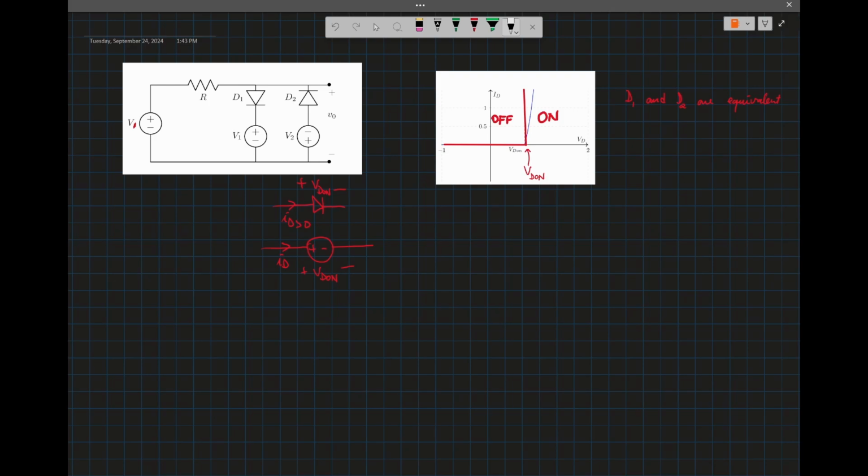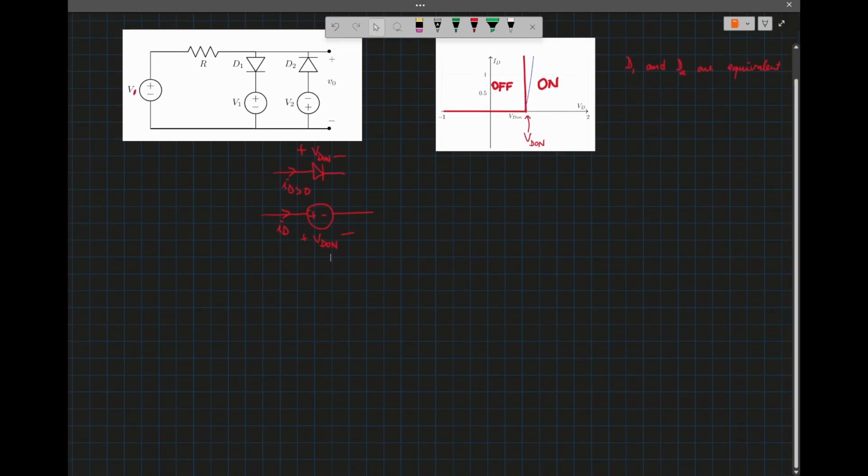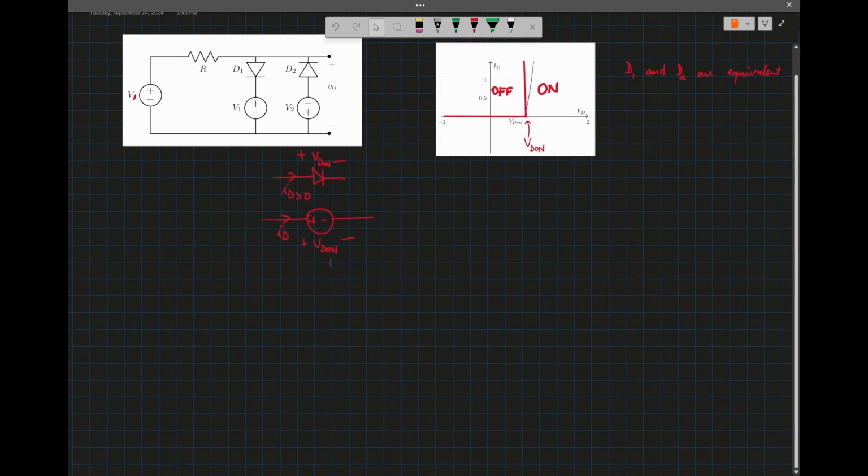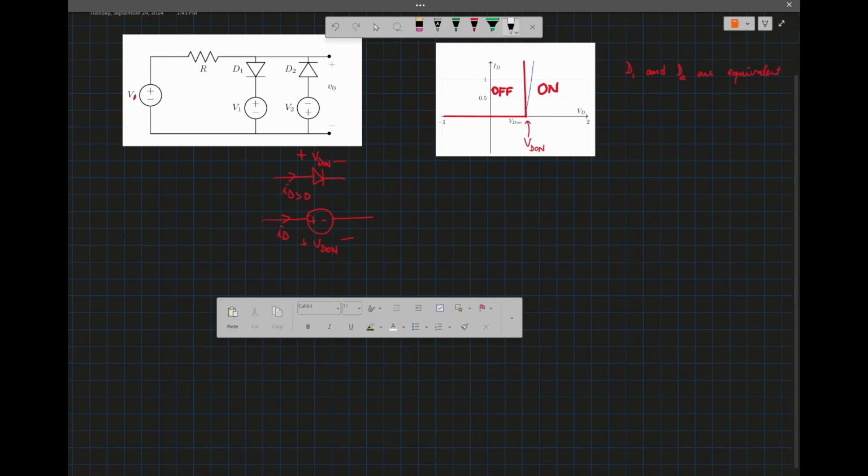So when we want to analyze a circuit that involves multiple diodes, what we're going to do is assume that one of the diodes is on and the other one is off, and then go through all the cases. Because we have two diodes, that means we have 4 cases to go through.